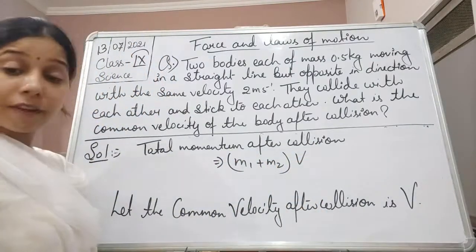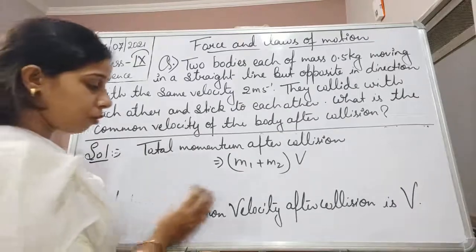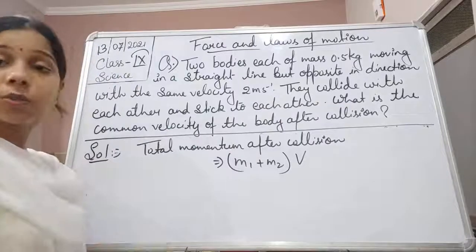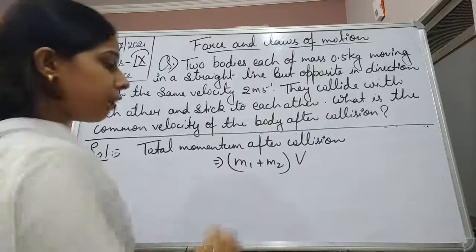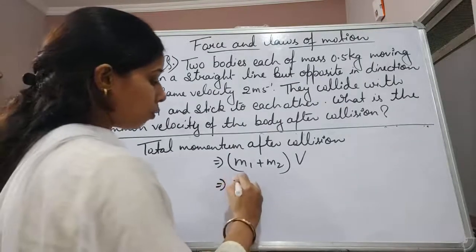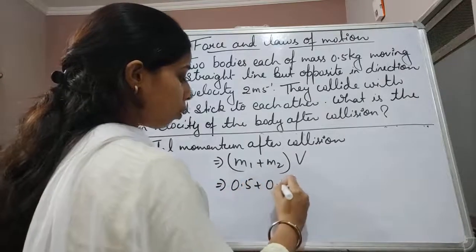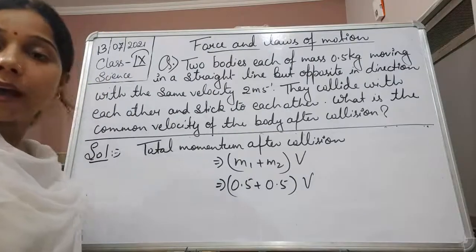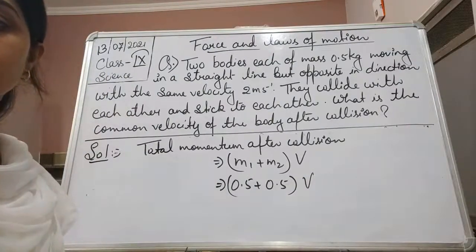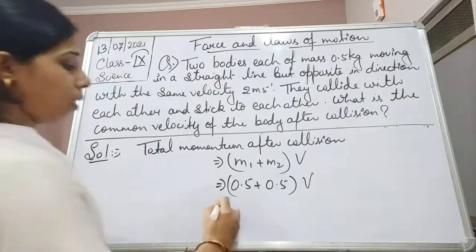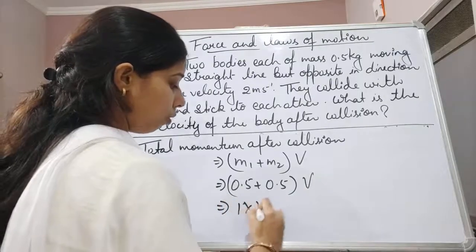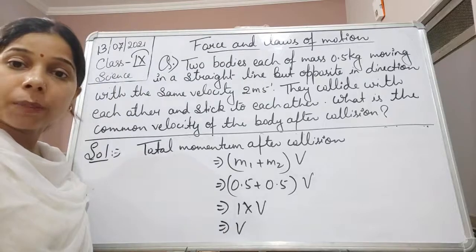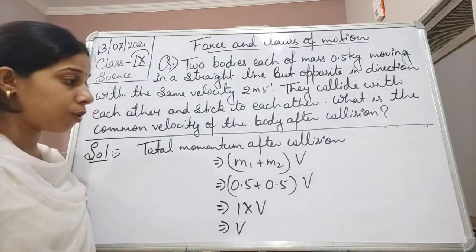And m1 and m2 are not going to change. The mass remains the same, and that is 0.5. So this will be equal to (0.5 plus 0.5) into v, and now this will be equal to, students, 1 into v, that will be equal to v. So the total momentum after collision will be equal to v.